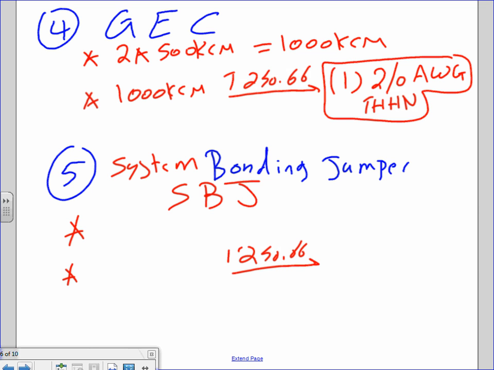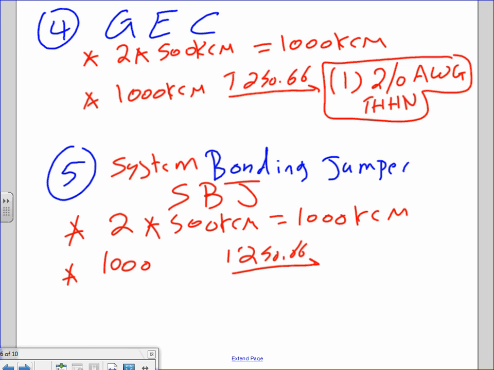So we have the neutral system bonding jumper. You take 2, multiply by 500 kcmil. That gets you 1000 kcmil. You take your 1000 kcmil to table 250.66, and that will get you the same number, 1 aught AWG, 1 conductor THHN.